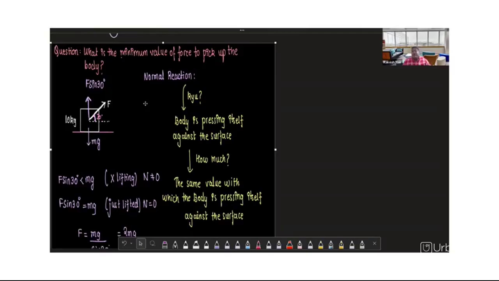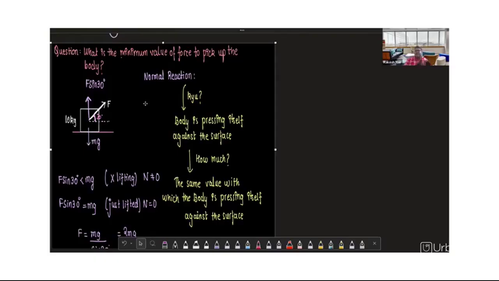And yes, one more thing to notice. When there is no particular stipulation given to us that mu is zero, that means there exists a mu. What is mu?